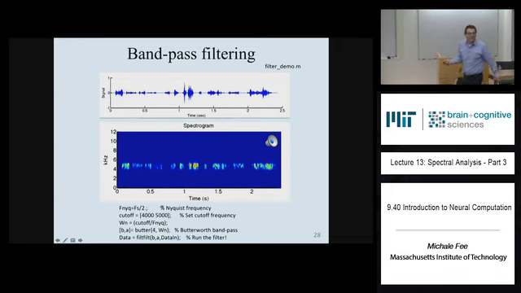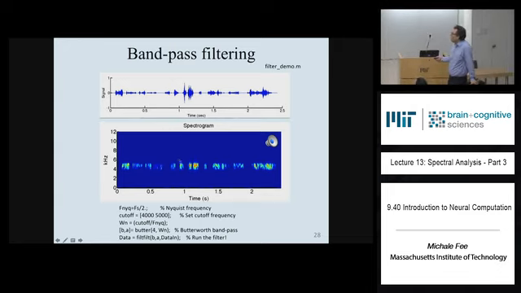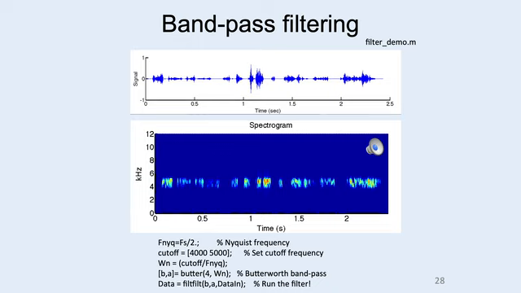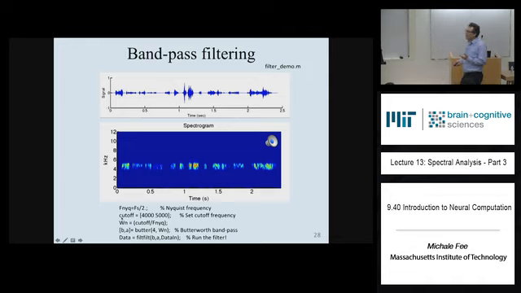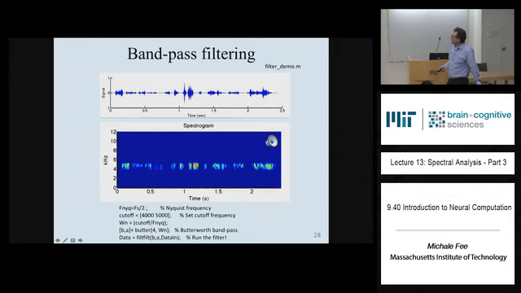Okay, you can also do band pass. A band pass does a high pass and a low pass together. So now you're filtering out everything above some number and below some number. Here we give it a cutoff with two numbers, so it's going to cut off everything below 4 kilohertz and everything above 5 kilohertz. Again, we use the Butterworth filter.